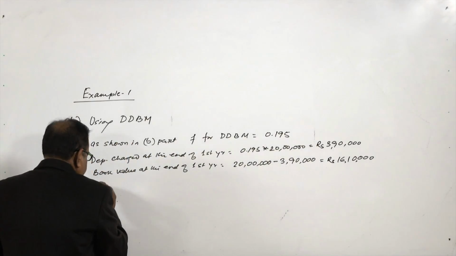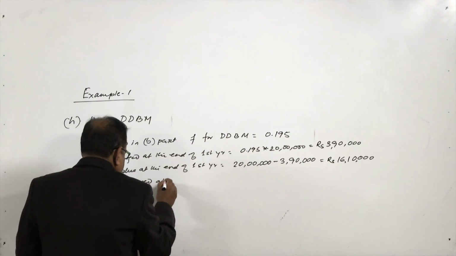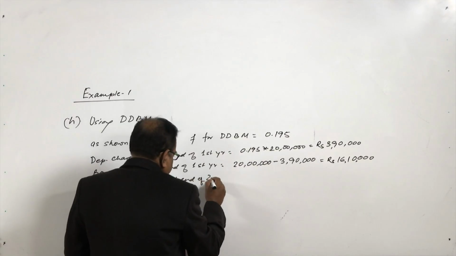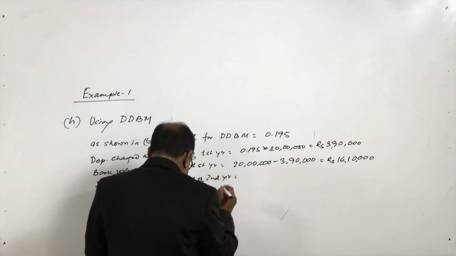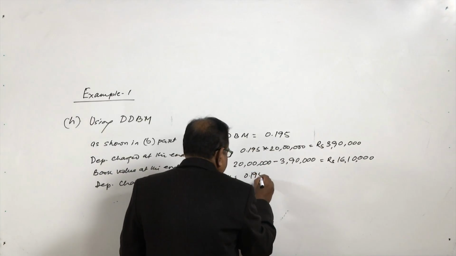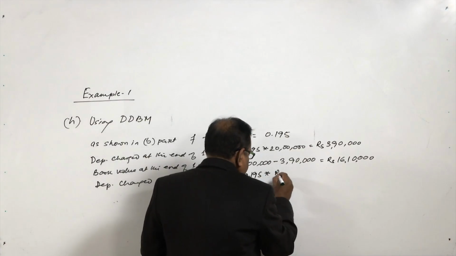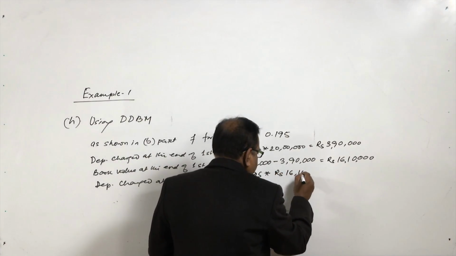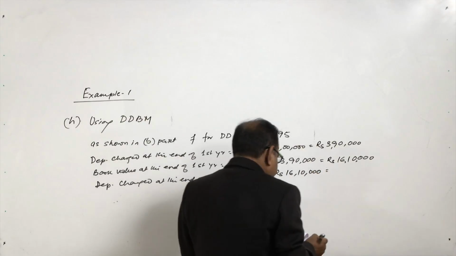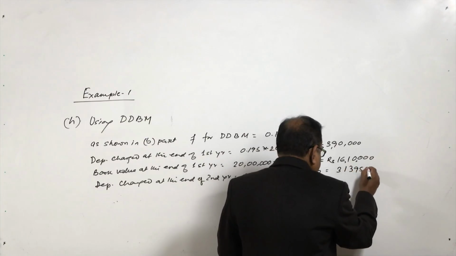Now depreciation charged at the end of second year is equal to 0.195 multiplied by rupees 16,10,000, which comes out to be 313950.